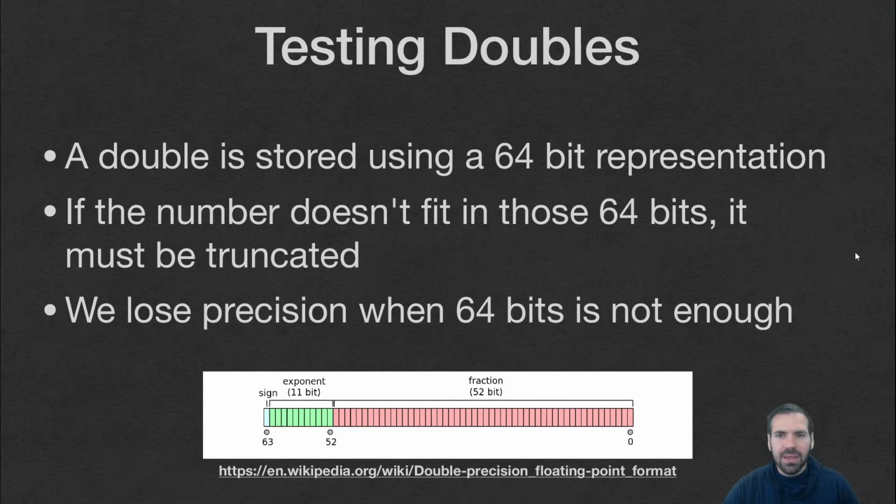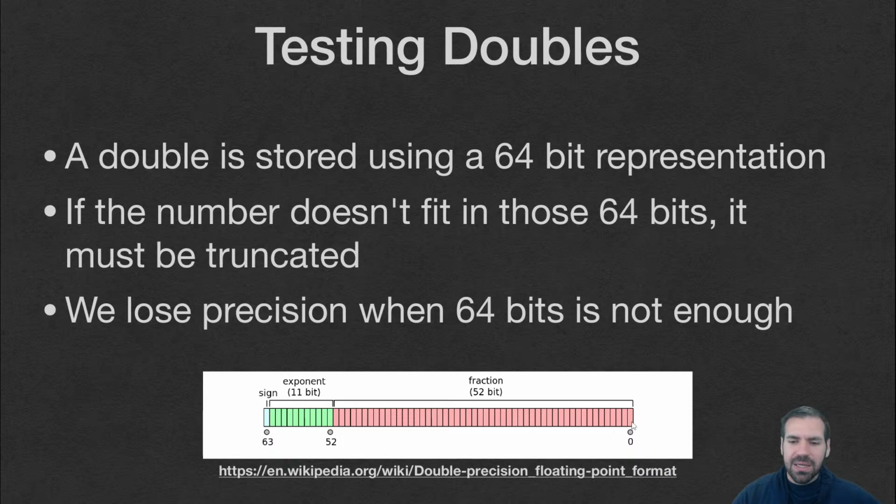So with doubles, we got to talk a little bit about how doubles are represented in the computer and how binary works. With doubles, we have a 64-bit representation for the double. So whatever can fit in 64 bits, that's how we're going to represent our doubles.